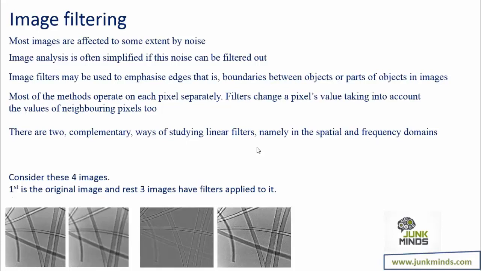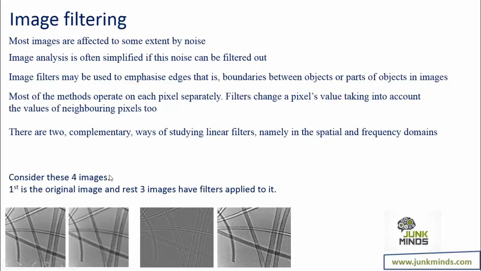So if you see, this is the first original image, and these three images are the ones which have filters applied to them. As you can see, the quality has increased a lot and is much more clear, in fact more clear than the original image.